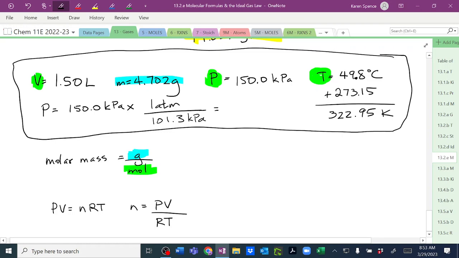All right, so we have 150 divided by 101.3 is 1.48075 atmospheres.